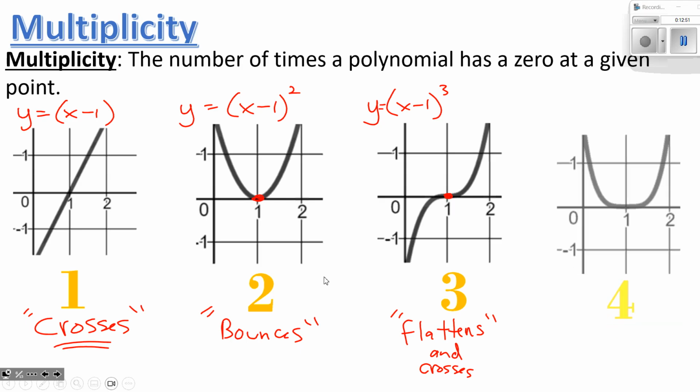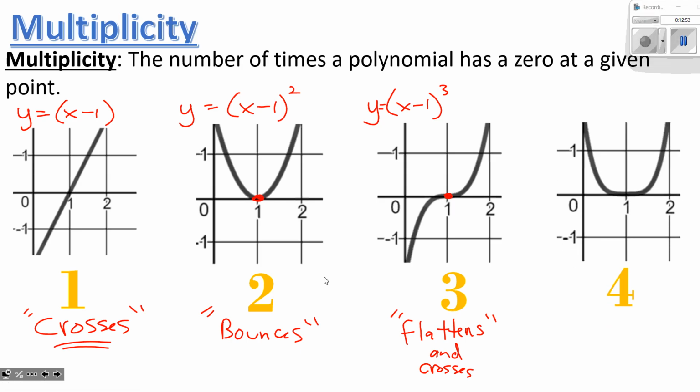And finally, this is a multiplicity of 4, so it would look like x minus 1 to the 4th. And what we see is, and we don't see this a ton, honestly, but it's a flatten, bounce. Kind of combines the second and third. But what's important is it bounces. It still stays on that side of the x-axis.